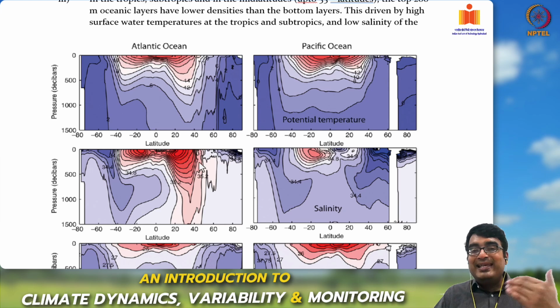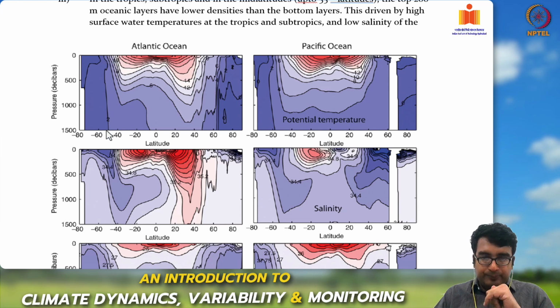So what we see here is that the upper layers of the subtropical ocean have high salinity as well as high temperature, alright, compared to the deeper layers. Whereas in the higher latitudes, you have lower salinity and almost the same temperature as compared to the deeper layers. Okay. What does this mean?